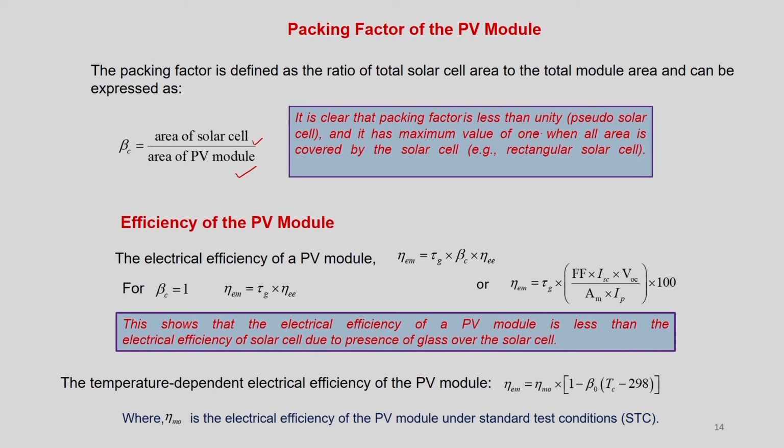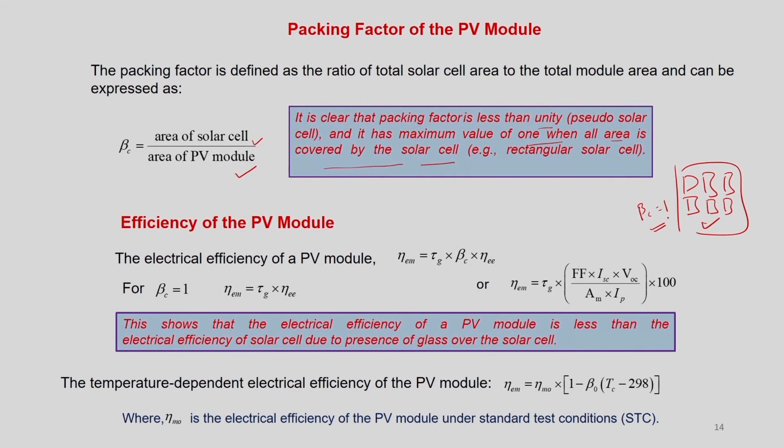So, it is clear that the packing factor is less than unity, and it has a maximum value of 1 when all the area is covered by the cells. Okay. So, if we take this module and all the area of the module is covered by cells, then its packing factor will be 1.